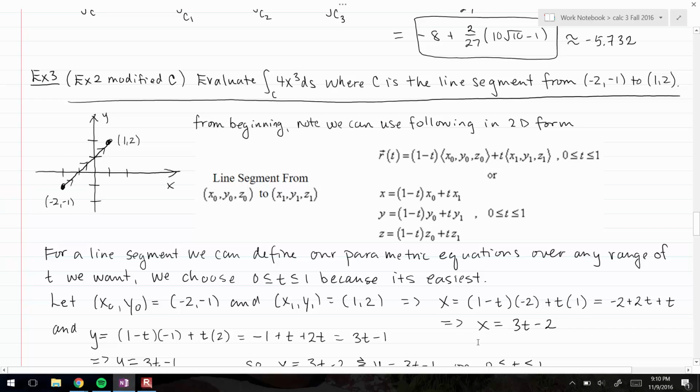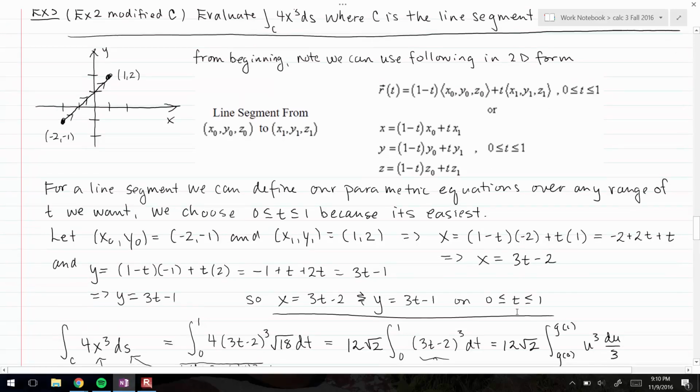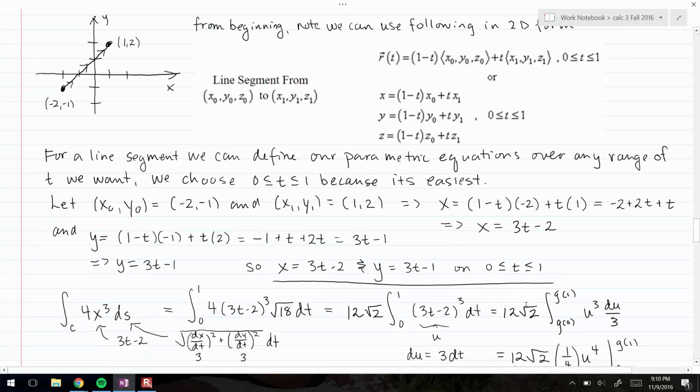Plugging into the parametric equations, after I simplify, for x I get 3t minus 2, and for y I get 3t minus 1. The way these parametric equations are set up, this is going to be t equals 0 to t equals 1, so that's already determined, and we can plug all these things into the line integral.